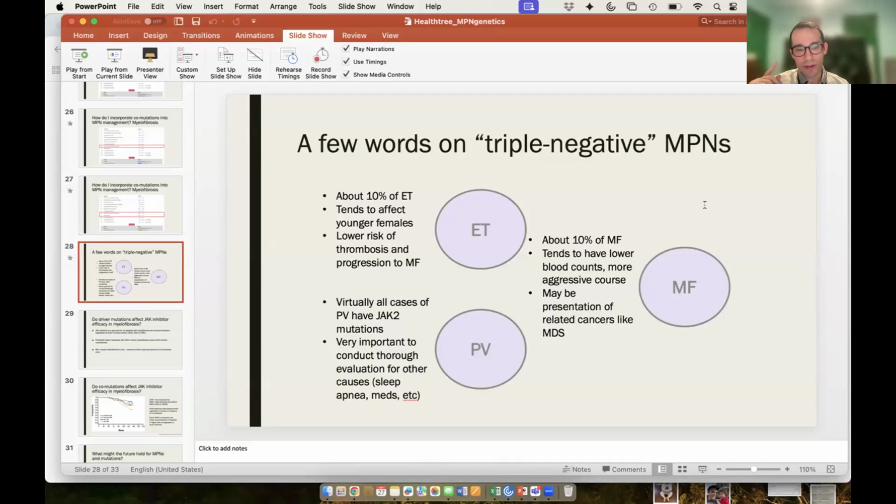So this is great. We're nicely tying in an early question at the end of this talk, which was what does double JAK2 or double allelic mean? There are some studies that show that, and I think a lot of people believe this, if you have mutations to both of your P53 genes, that's a bad scenario.